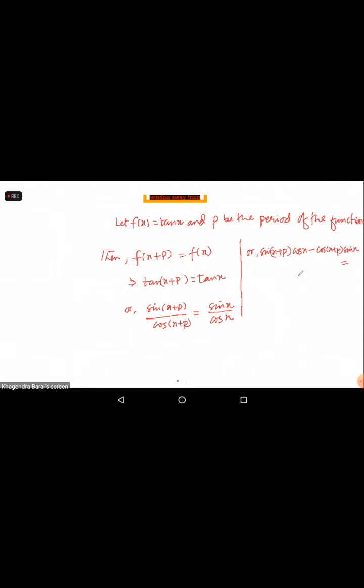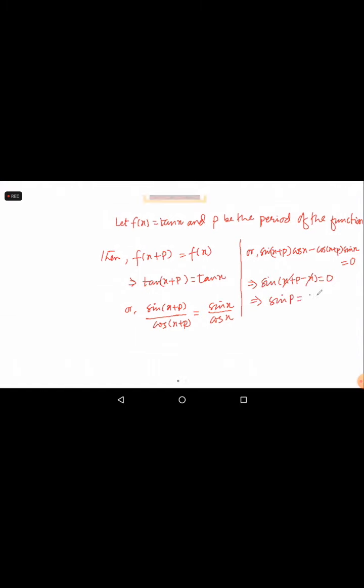It is in the form sin a cos b minus cos a sin b, which is sin a minus b. This is sin x plus p minus x is equal to 0. You will get that sin p is equal to 0.